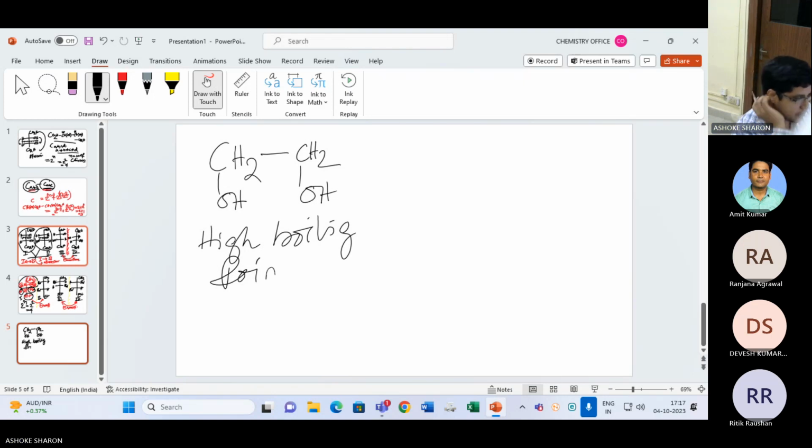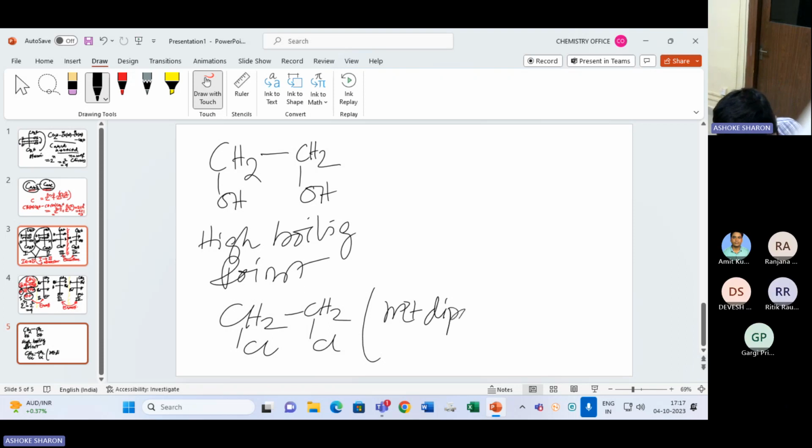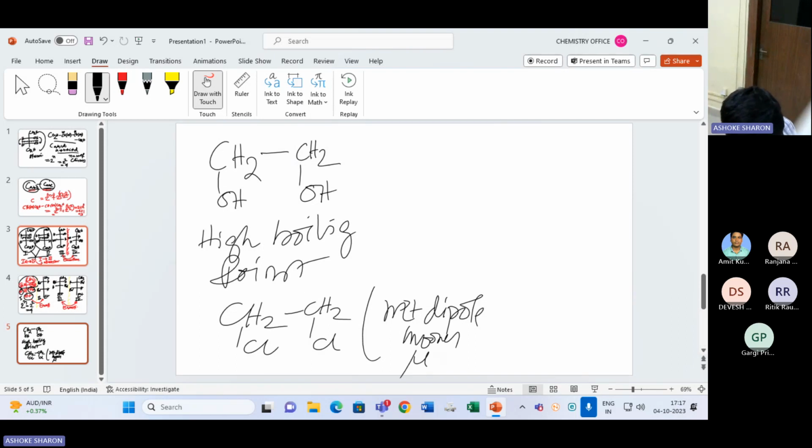Okay, there is another interesting compound. This is CH2Cl, CH2Cl. This compound has a net dipole moment. If it is written net dipole moment equal to 0.